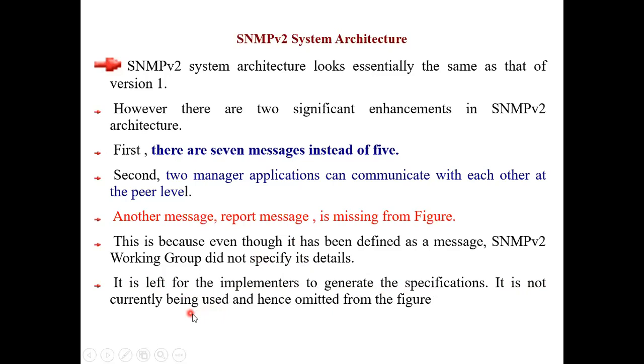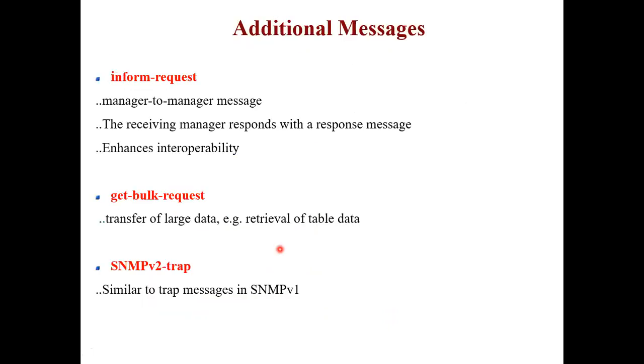It is not currently being used, since nobody used it, hence it is omitted from the figure. If the event report is there or not, some question comes. So it was actually not there. That's why that message is missing.